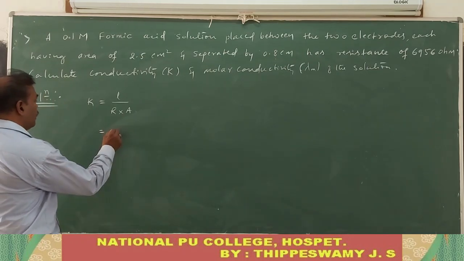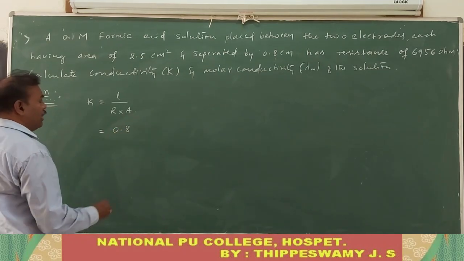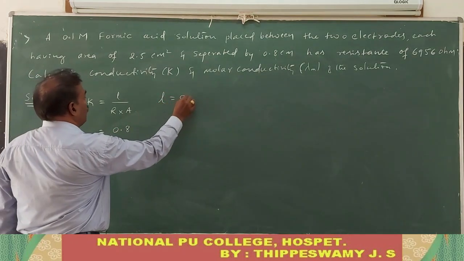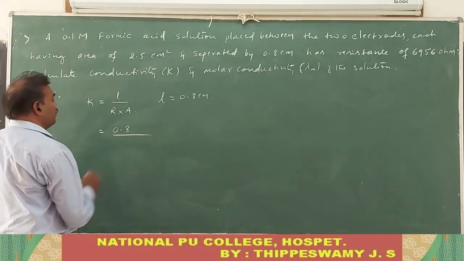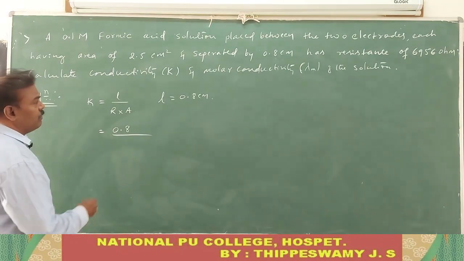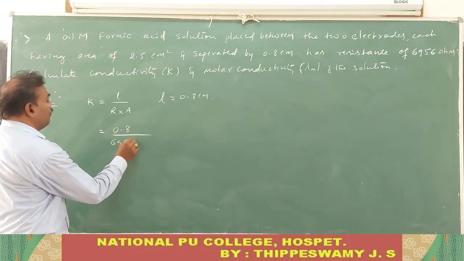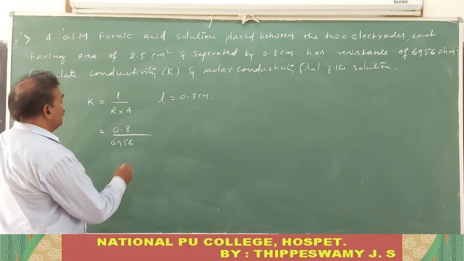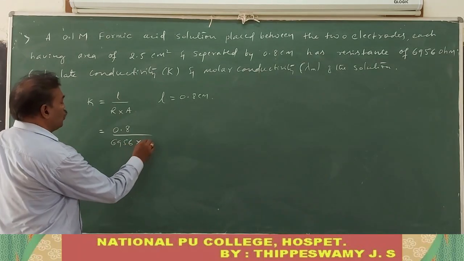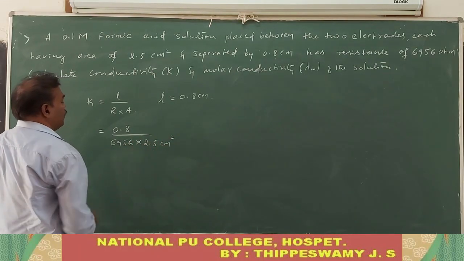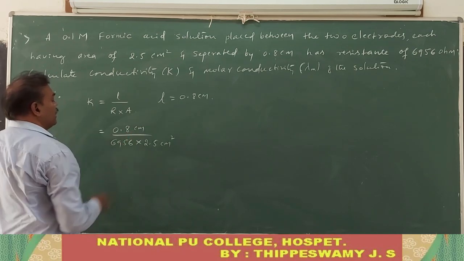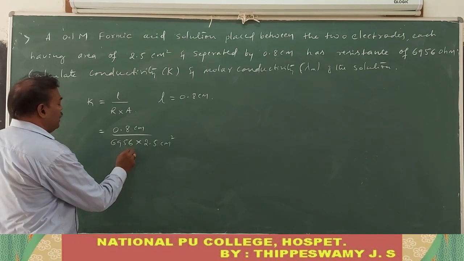So L is equal to 0.8 centimeter, okay? Divided by the resistance of the solution, that is 6956 ohm, into the area, 2.5 centimeter square. Now this is centimeter and this is ohm only.